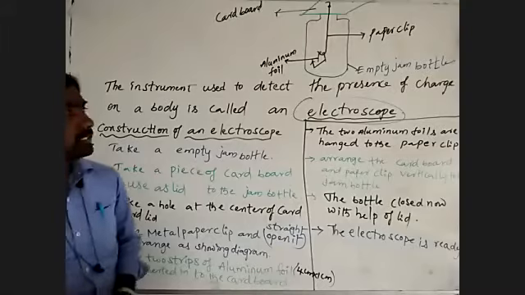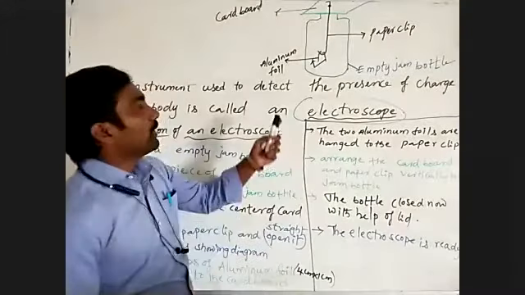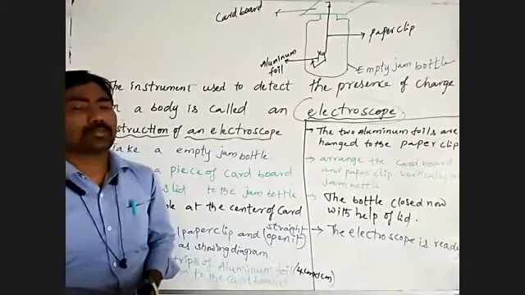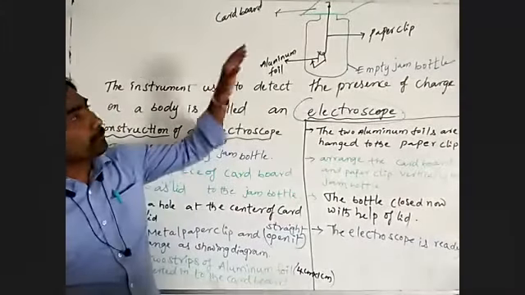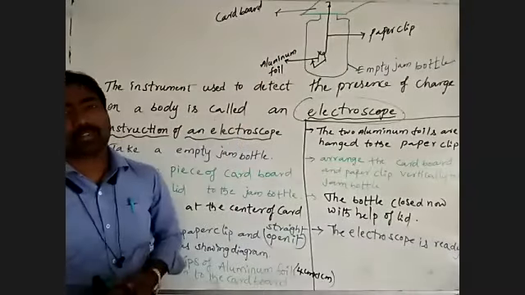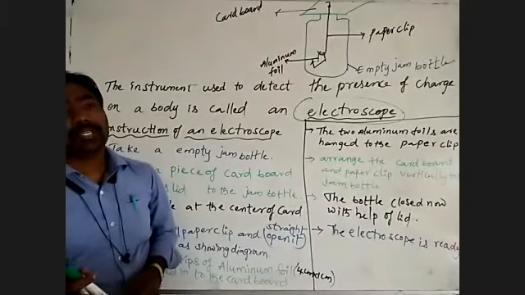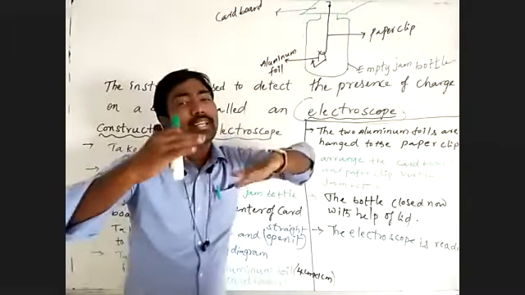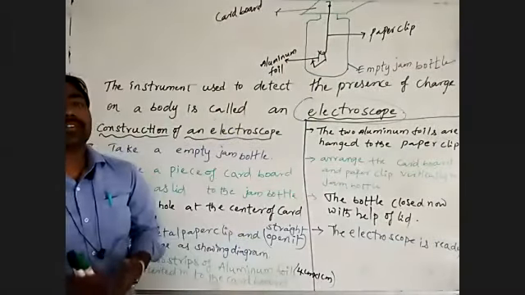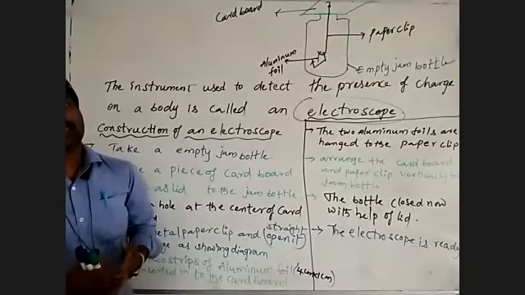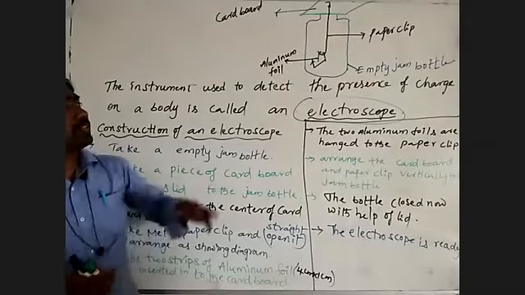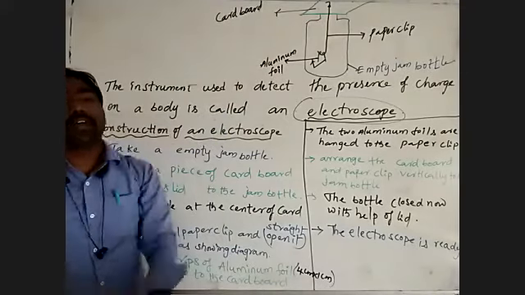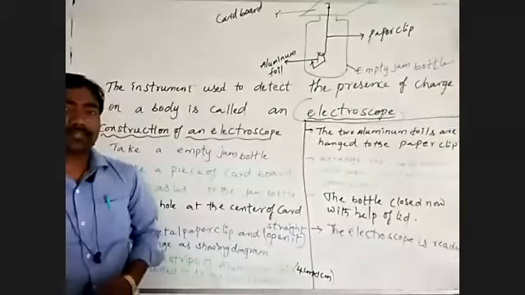When you bring any charged or uncharged object near the electroscope, place that object in contact with the paper clip which is overhead of the cardboard.